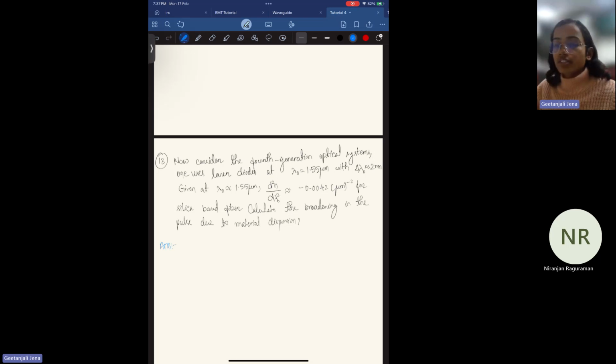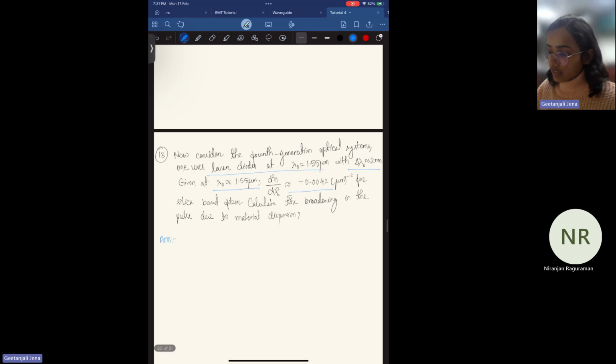In the fourth generation optical system, which we use up to now, we use laser diodes at wavelength 1.55 micrometer with delta lambda 0 of 2 nanometer. We can see how much narrower the pulse is. Previously we had 25 nanometer, here we have 2 nanometer. And d square n by d lambda square is already given for the silica based fiber. Then calculate the broadening in the pulse due to the material dispersion.